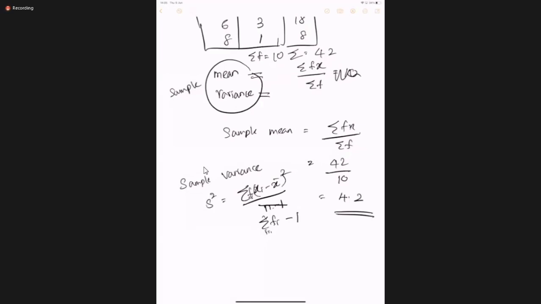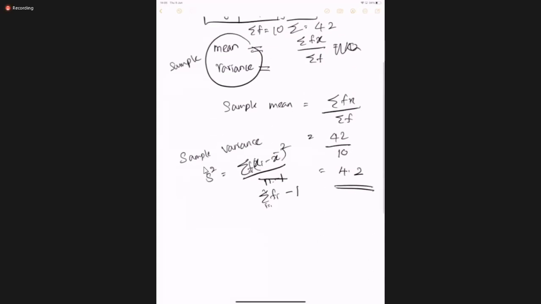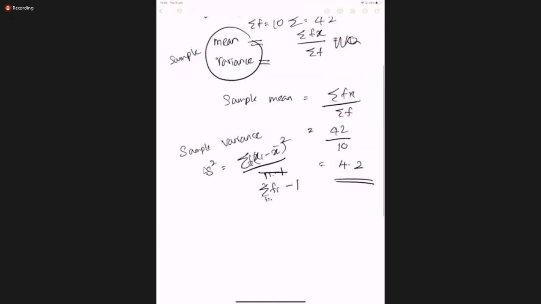Okay. Here we do not have class intervals, but we have frequencies now. So we need to put these frequency values into this formula as well. That's why we changed our formula into sigma fi xi minus x bar squared divided by sigma fi minus 1.